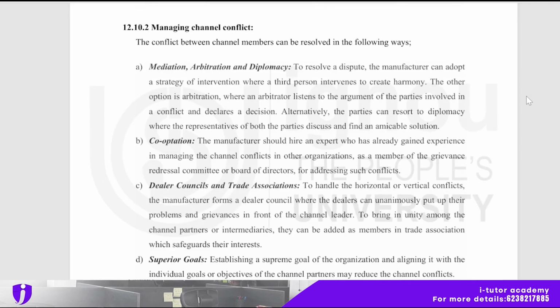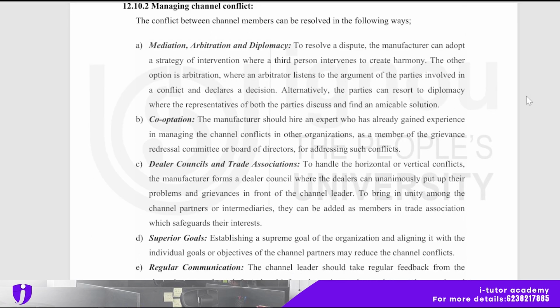Managing channel conflict. The conflict between channel members can be resolved in the following ways. One is mediation, arbitration, and diplomacy. To resolve a dispute, the manufacturer can adopt a strategy of mediation where a third person intervenes to create harmony.